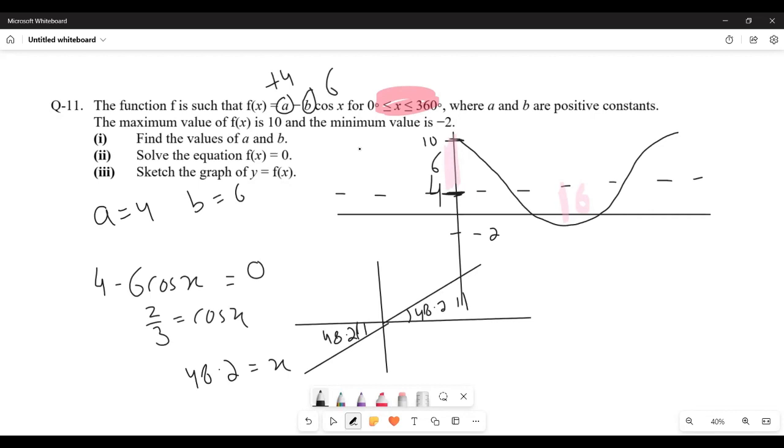So one of the values of x is 48.2 and the other one is 180 plus that, which is 228.2.